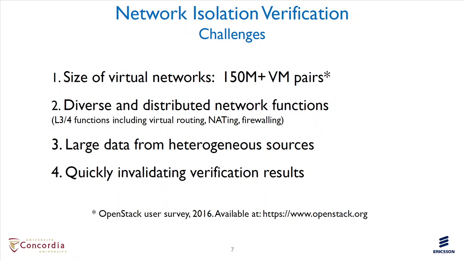And finally, because of the self-service nature of cloud, tenants are allowed to create and delete VMs, subnets, routing rules, and security groups very often. As a result, these verification results may get invalidated very quickly. So if a verification approach responds in minutes or hours, that might not be sufficient.